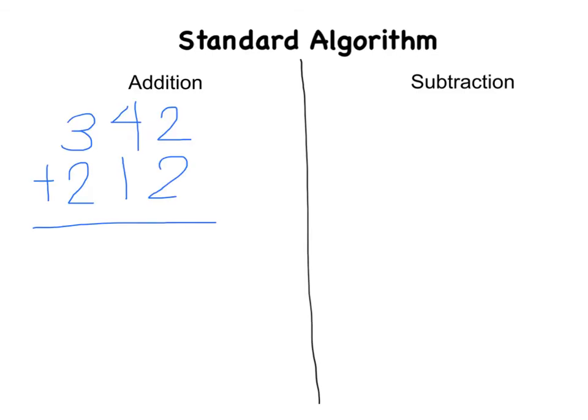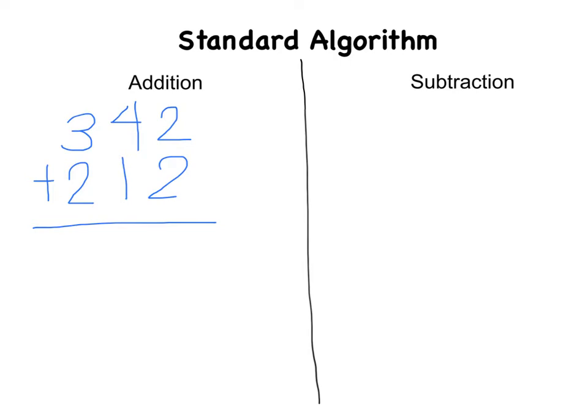First, we are going to practice the standard algorithm strategy with addition and subtraction. I went ahead and split the screen in half. Our first problem, we are going to try addition. Our problem says 342 plus 212.